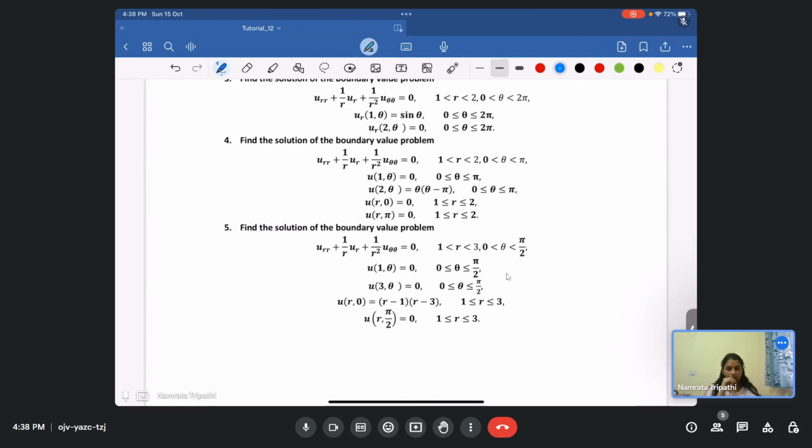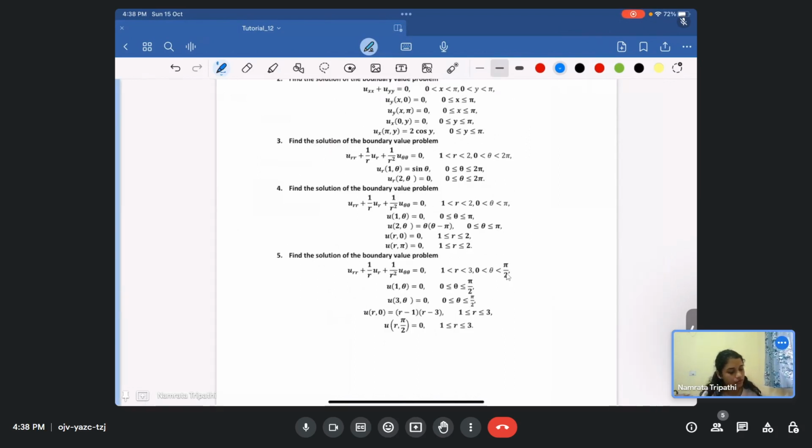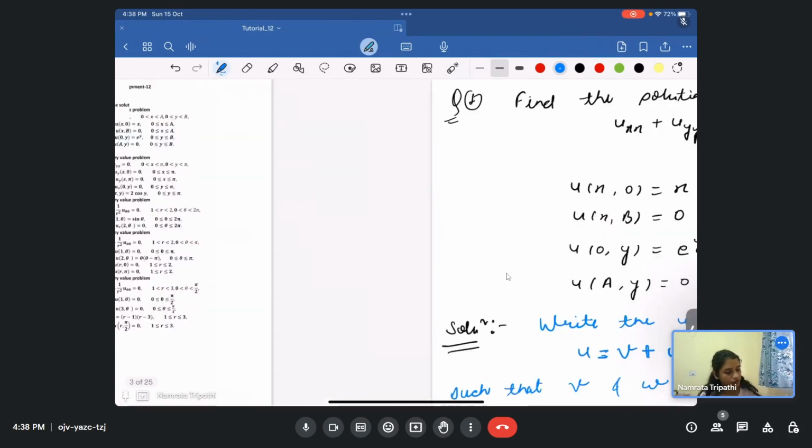One of them we will solve, and for the other we will write the answer. You can check. Both are similar to question number 3. You can solve.